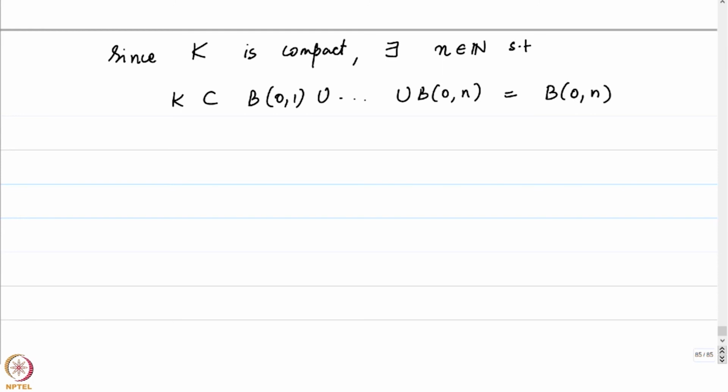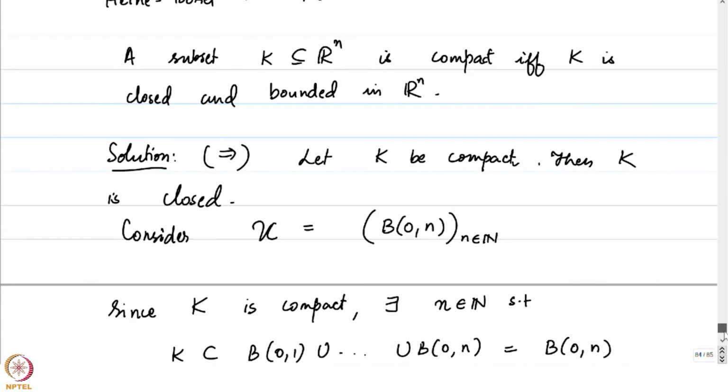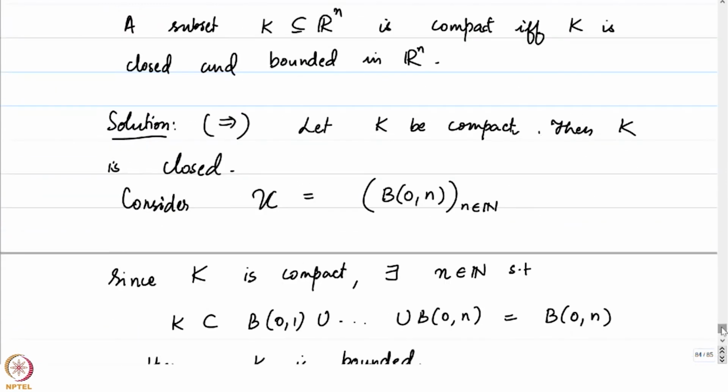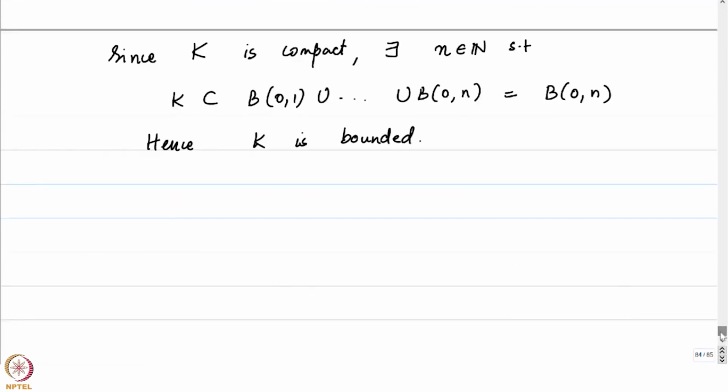And this is precisely a reformulation of demanding that K is bounded. And K is bounded. So if you notice, we very quickly proved that compactness immediately tells us that it is closed and that it is bounded.